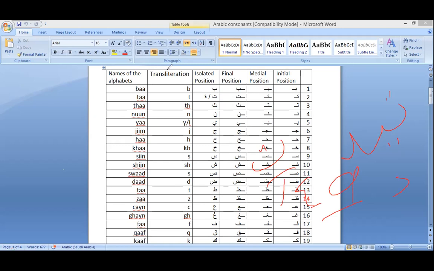Now this one, we assume that this one is Y. That's why we write Ted. Ted, right? Mina could be like this, because this is ma, which is M, and this is ya, which is either I or Y, and this is na. So Maina, this is how you write your name.